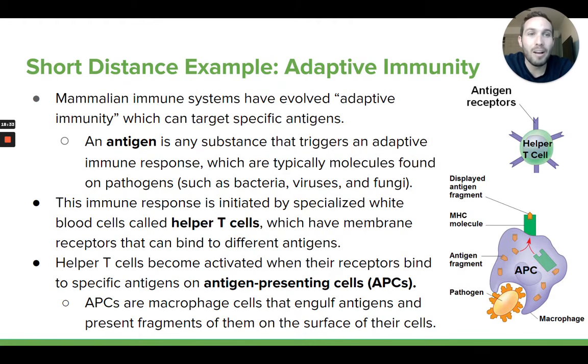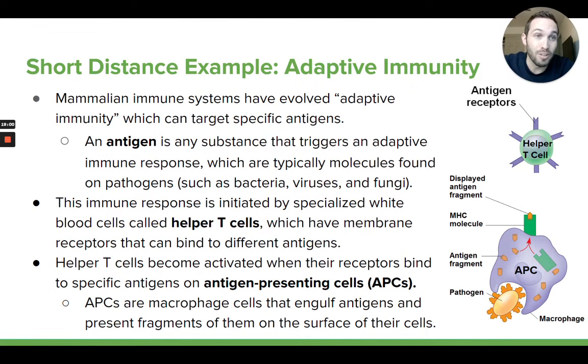And then one last short distance example that is very common is an example involving our immune cells. So in mammals, we have a special type of immunity called adaptive immunity, which involves basically our white blood cells. So in mammals, we produce these specialized white blood cells that can basically adapt to certain pathogens, certain bad guys, invaders that are entering our body.